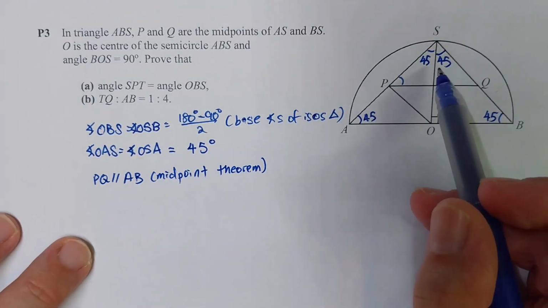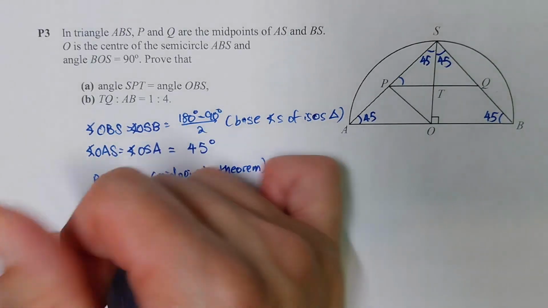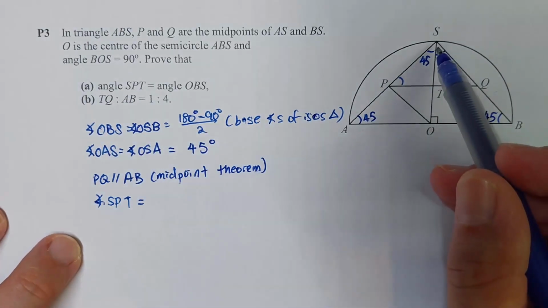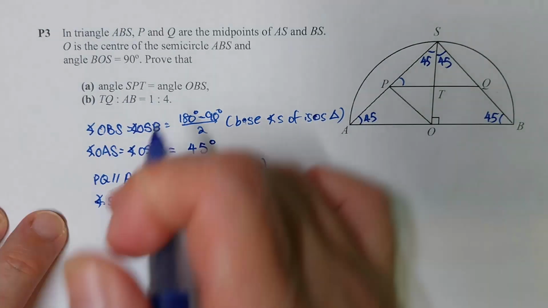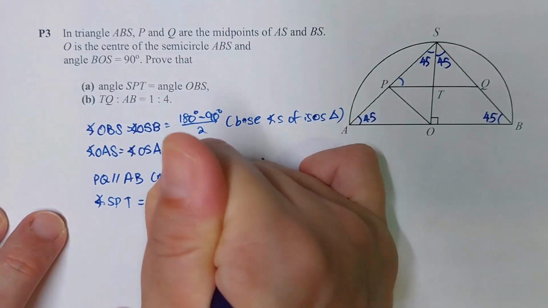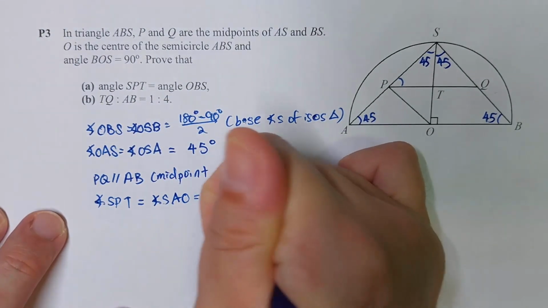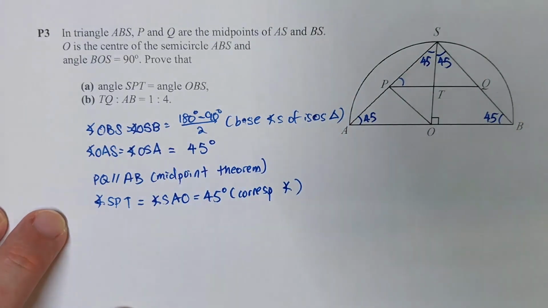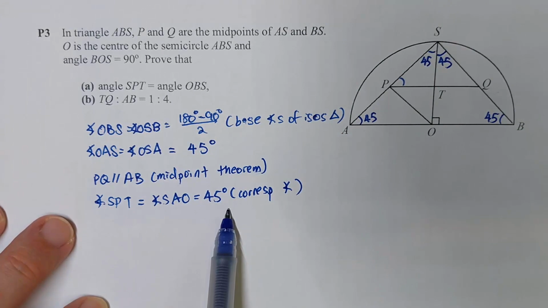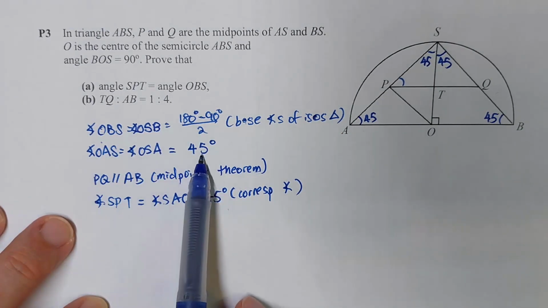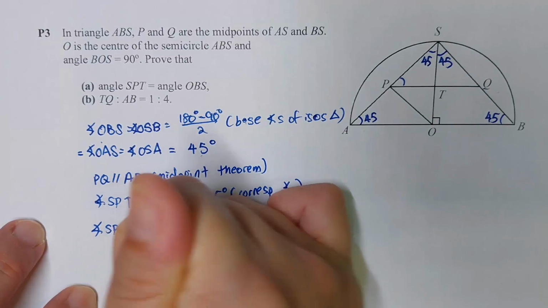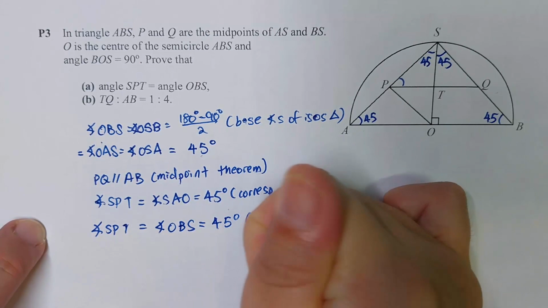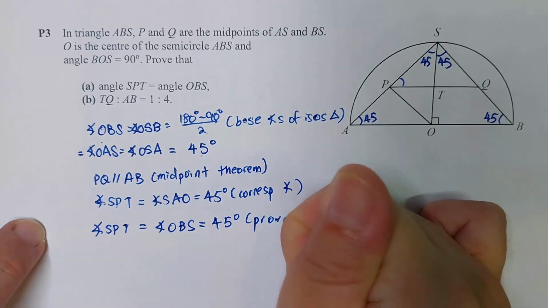Okay, therefore, angle SPT will be equal to angle SAO, which is 45 degrees, corresponding angles. Since SPT is 45, OBS is also 45. We have proved part A.